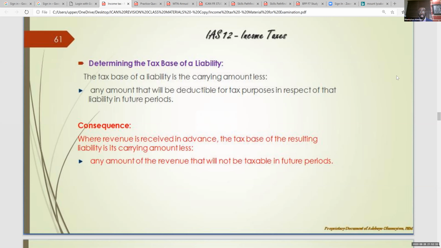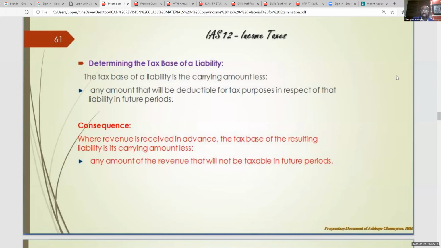Such liability, the tax base will be the carrying amount of that liability less the amount of revenue that will not be taxed in the future, because you have taxed it when it was received. The subsequent year, when I'm now recognizing it as income, it can't suffer tax a second time, or because it is going to be exempted this year, or because it has been subjected to tax in the earlier year. And that's what we are trying to explain.